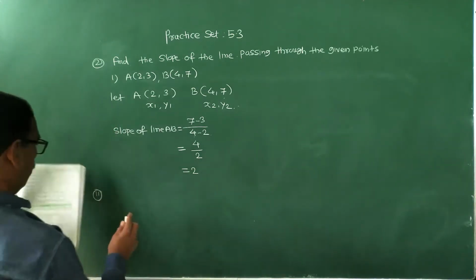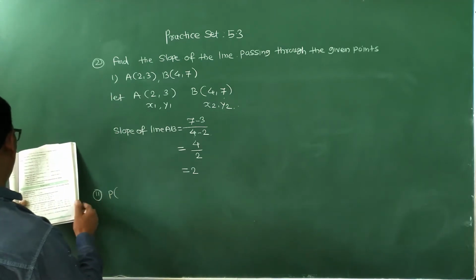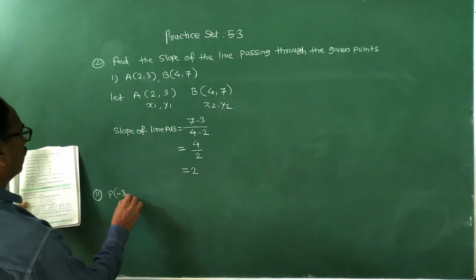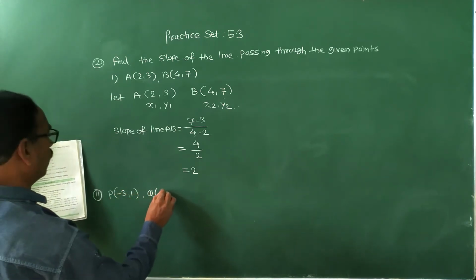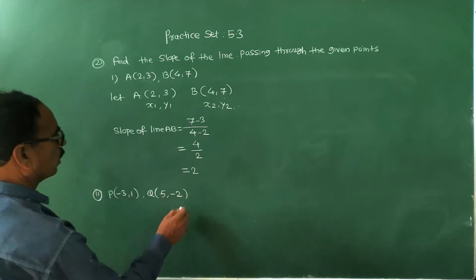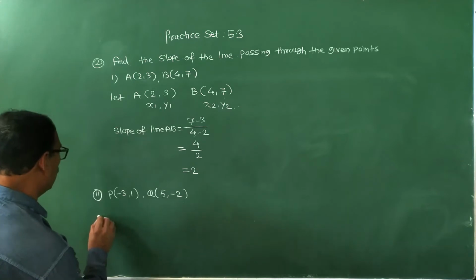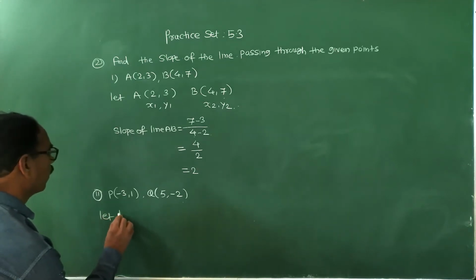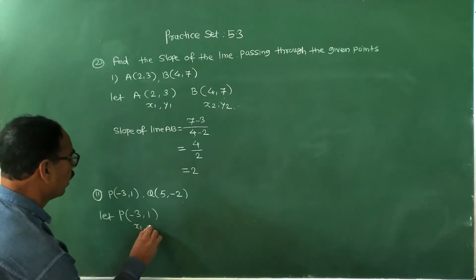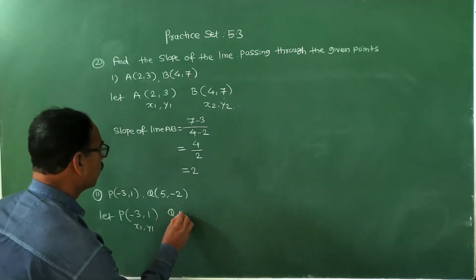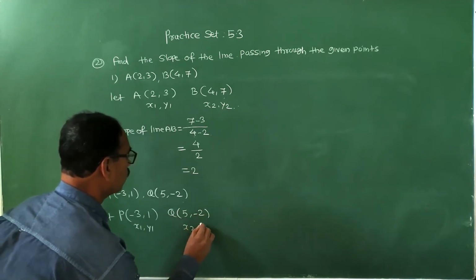Number 2. Here we have point P (-3, 1) and other point is Q (5, -2). Let us consider this x1 y1 and x2 y2. Let point P (-3, 1) be x1 y1 and point Q (5, -2) be x2 y2.